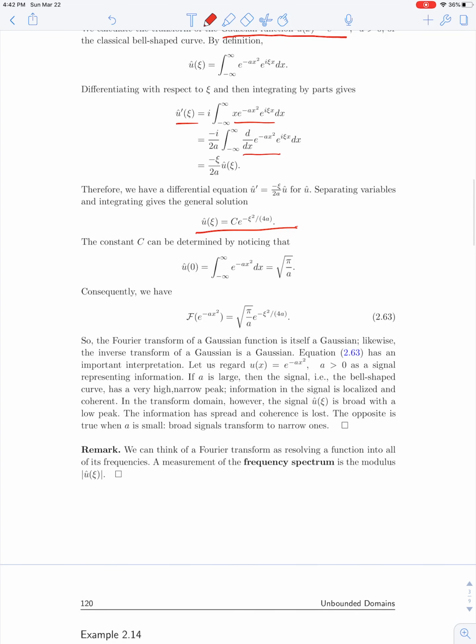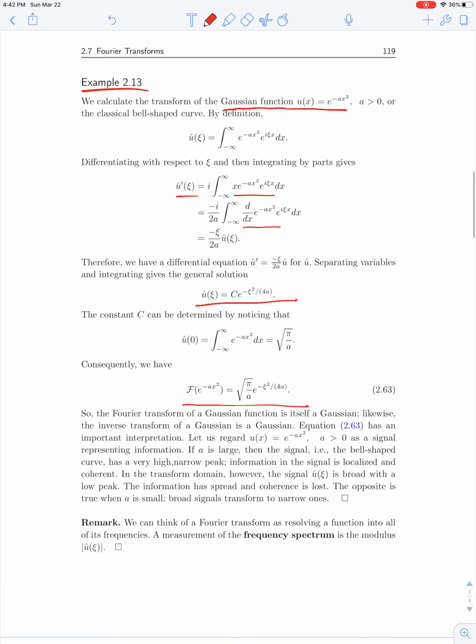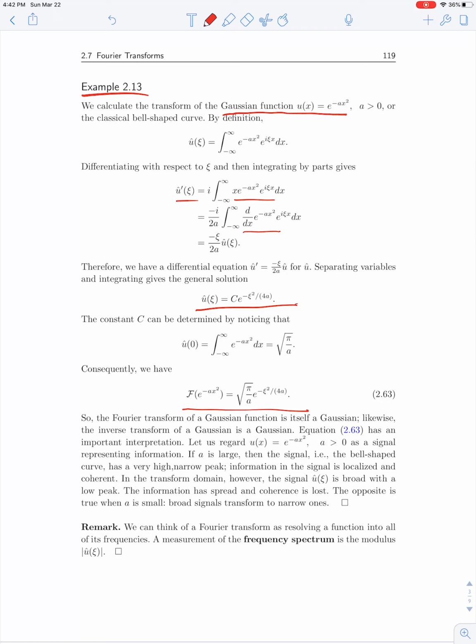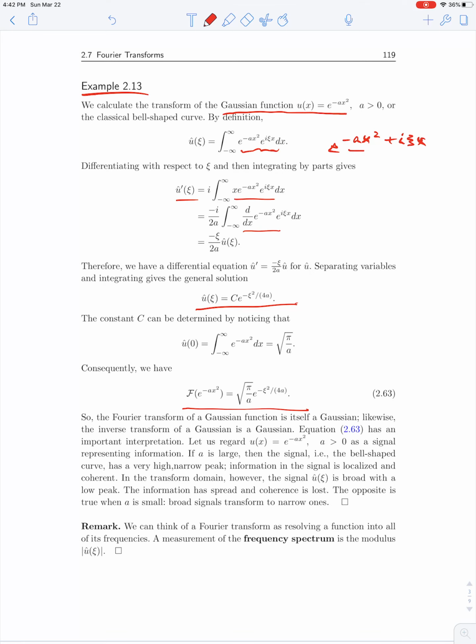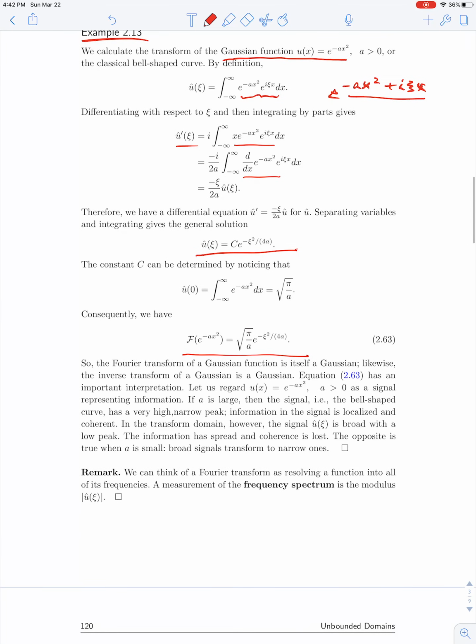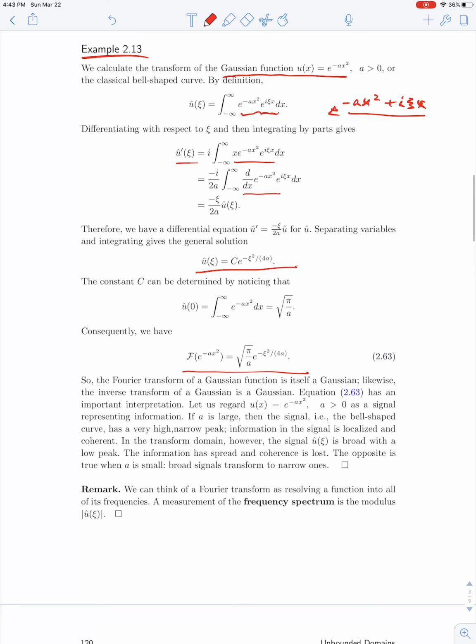And then you can also do this integration by thinking of this integrand as x squared plus icx, and then you complete the square. Then you do a change of variable, and you can also find the solution.